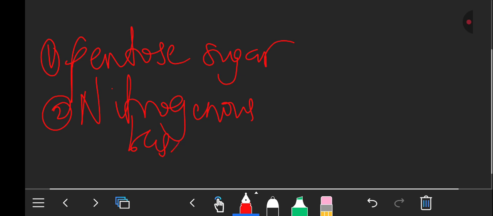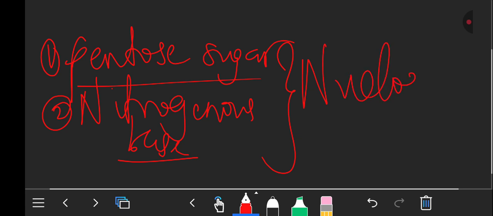That will be called a nucleoside. It will no longer be called a nucleotide because it has lost the phosphate group.